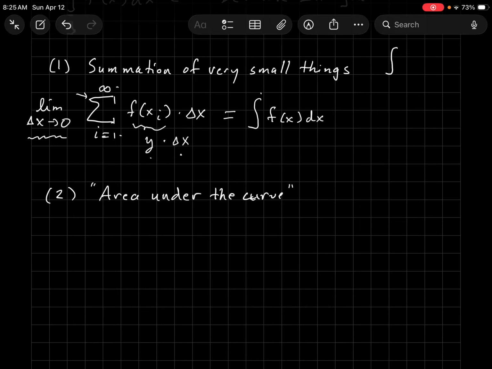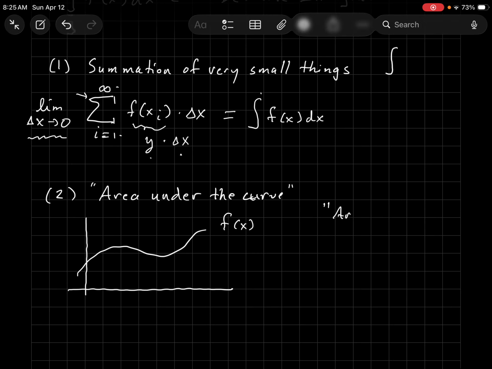Now, what do we mean by area under the curve, especially since we're in quotation marks? So I'll draw a function, just a very simple function, call it f of x. Now by area, why I put it in quotations when I start, is because it's really a signed area.